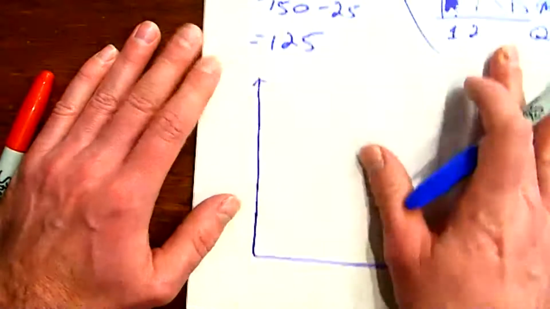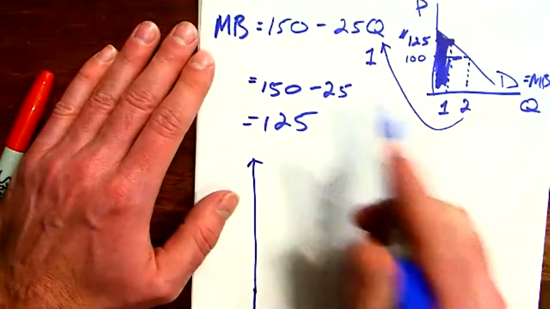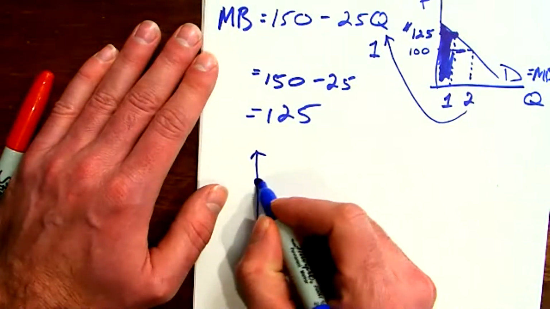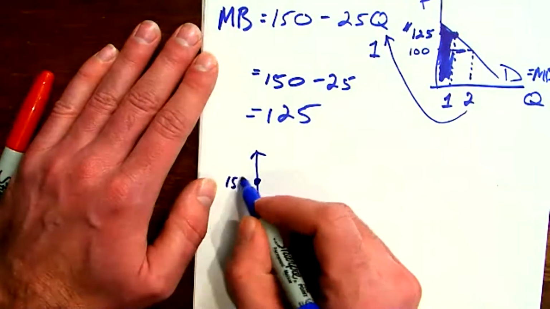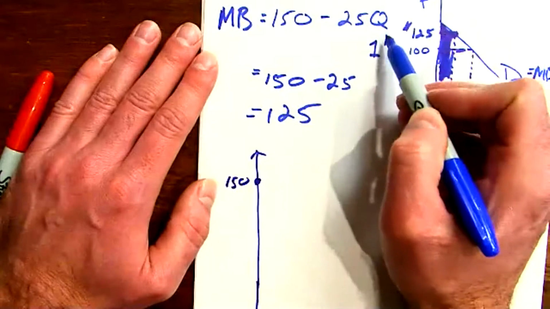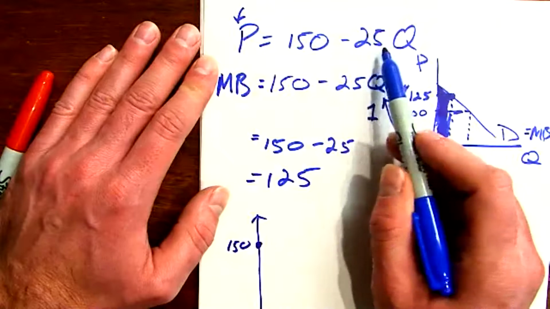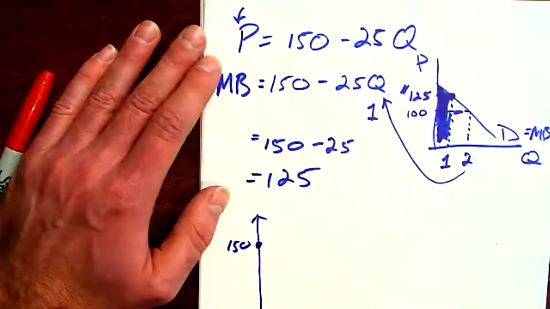So I've got that demand equation, which is 150 minus 25Q. So I know that my demand curve is going to start up here at 150 when the quantity is 0. When the quantity is 0, 0 times anything is 0, so the price would be 150.